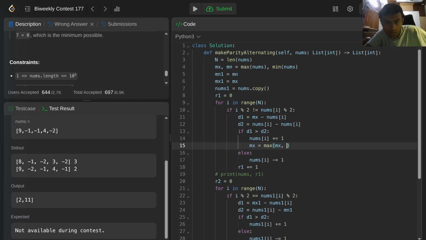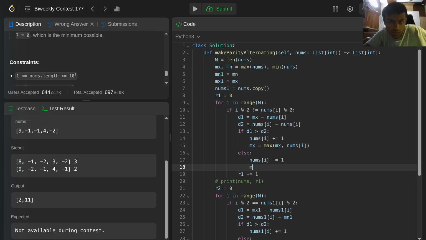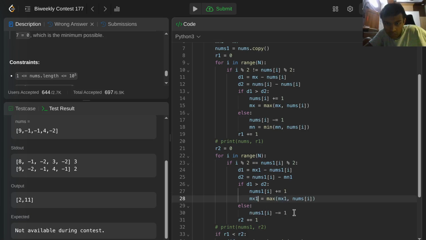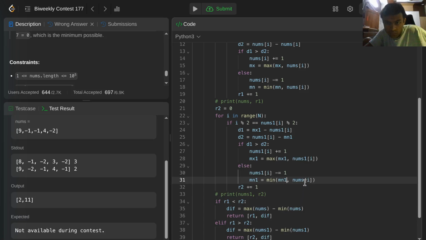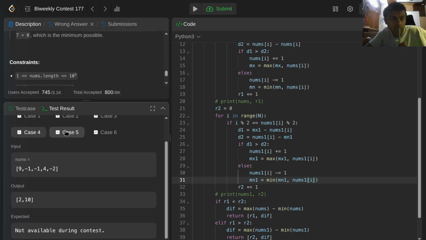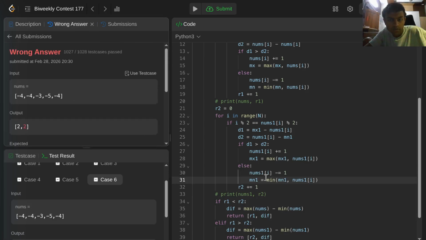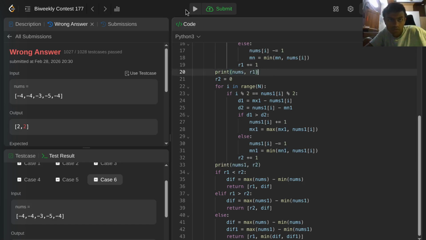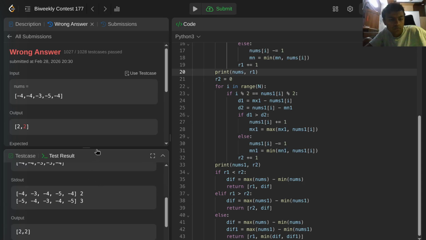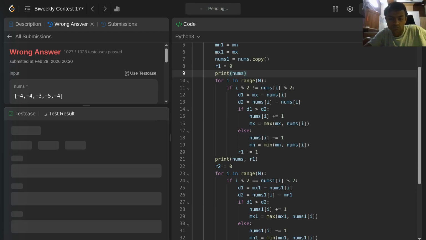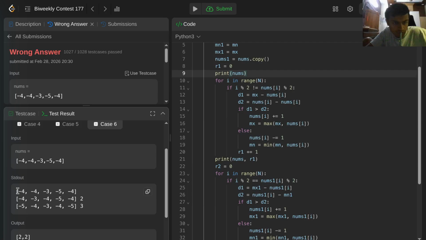max of mx comma. Two is wrong, right? Expected 1. Okay, let us see what's going on here.